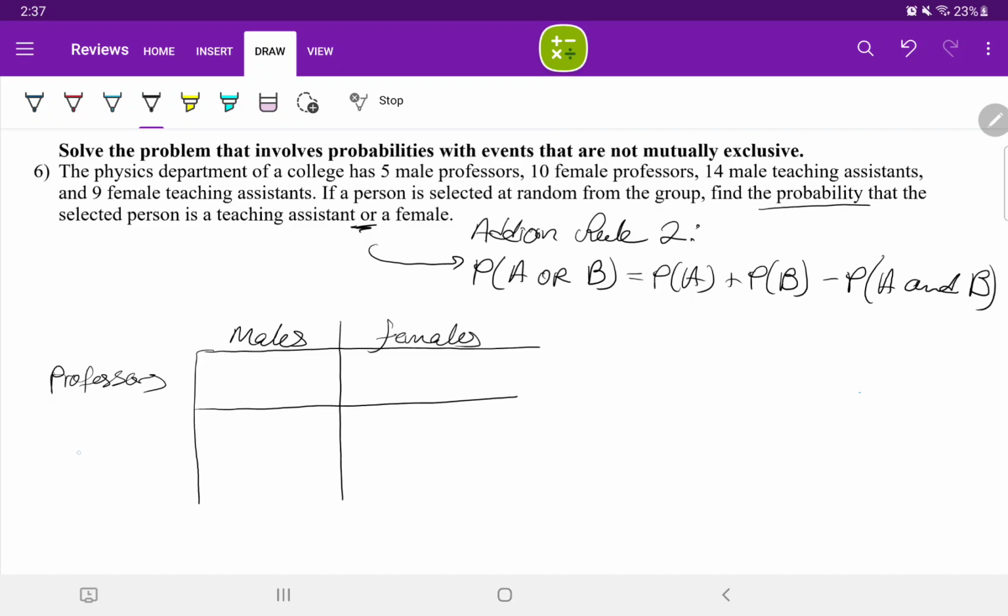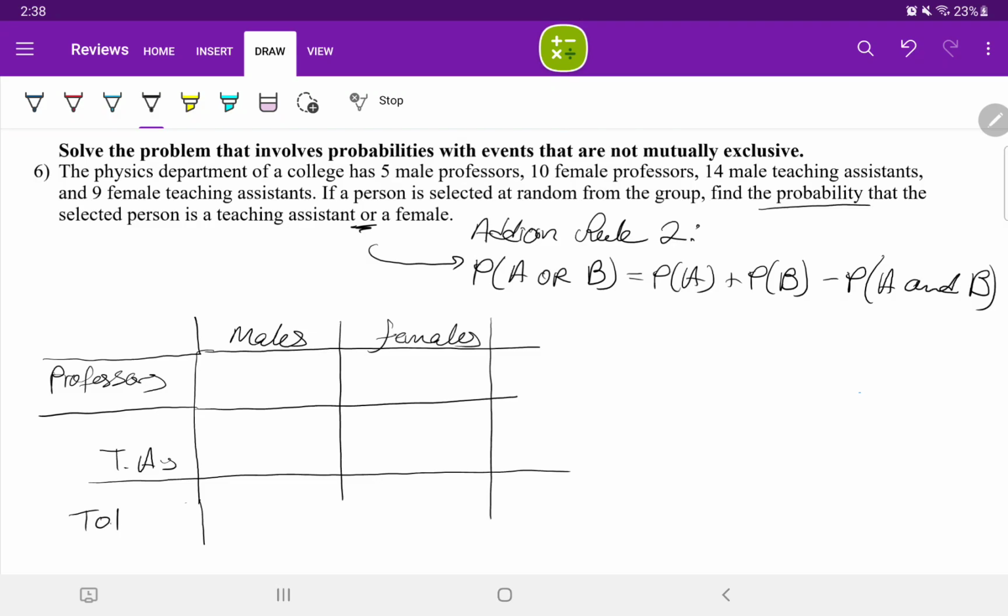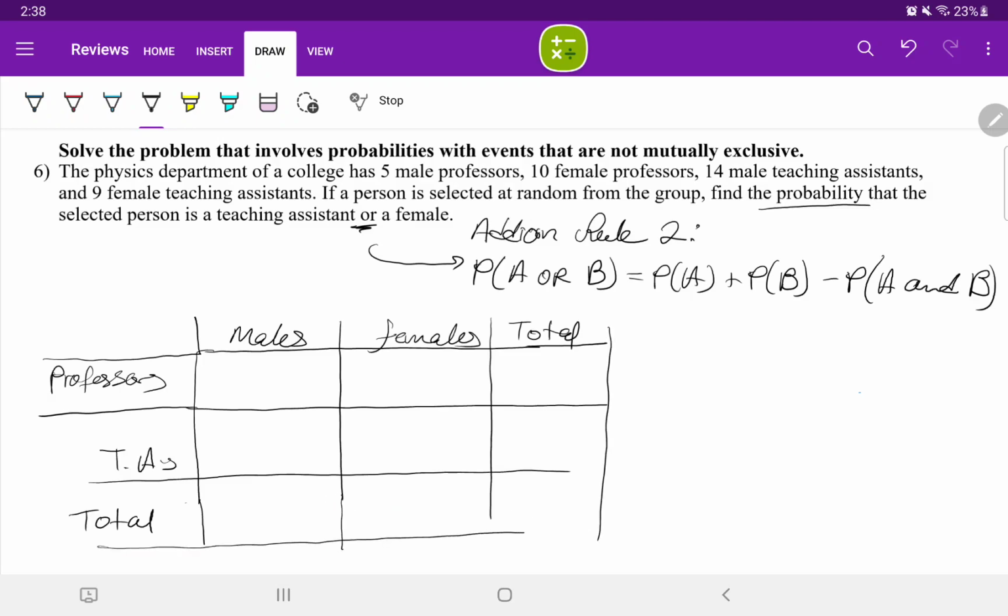I'm going to call it TAs. And this is going to be my column total. This is going to be my row total. The reason why I'm organizing my information into a table is because it helps me to visibly see what's going on. You don't have to, but if you're a visual learner, it may help.